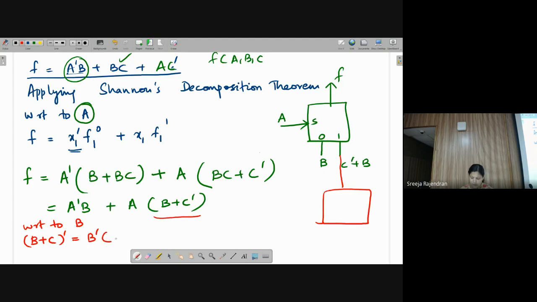substitute B is equal to 0, I get C bar plus B. B is equal to 1 means this is 1 plus C bar.